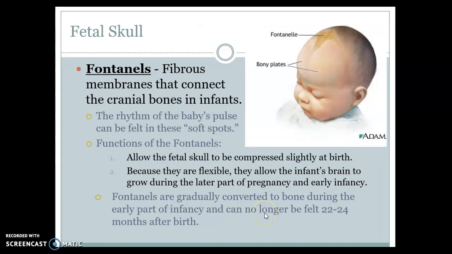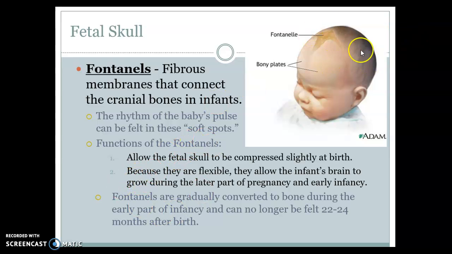So those are all the sutures and fontanelles that you'll see in a baby's skull, and that's a cartilaginous material, which, like we learned in tissues and the beginning of chapter 7, that cartilage is hyaline cartilage, right? Most of the baby's skeleton is hyaline cartilage when it's born, and then it grows into it.